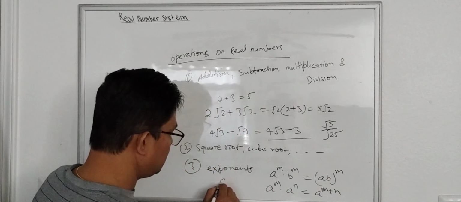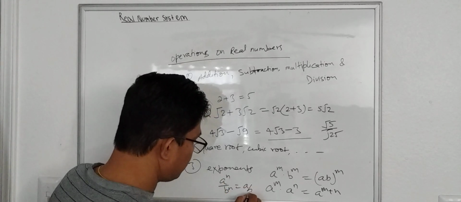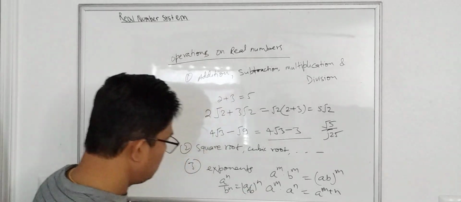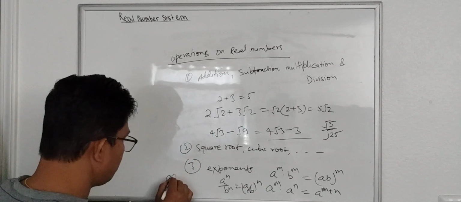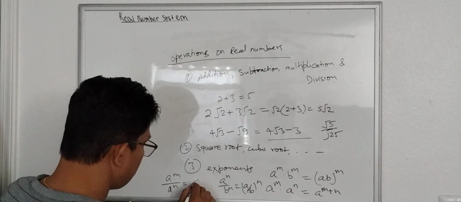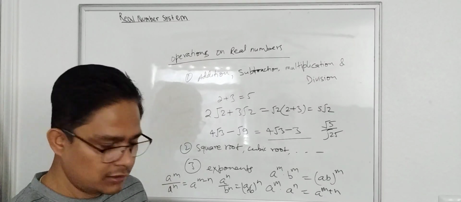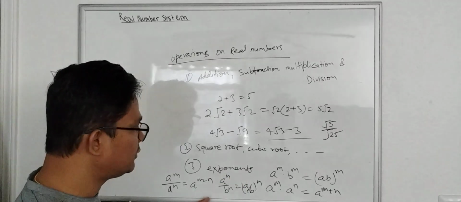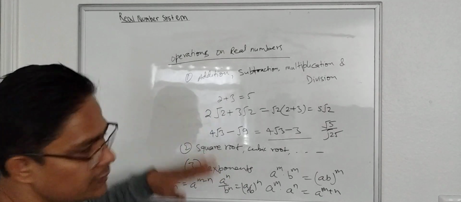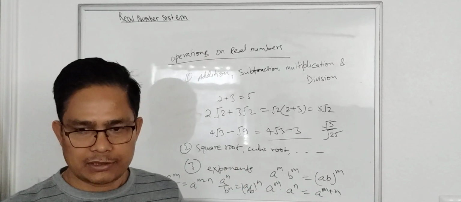If you have division here, a power n, b power n, you can say it's a divided by b power n. And if you have a power m divided by a power n, then you can say it's a power m minus n. We already talked about exponent in one of the lectures, so I'm not going into the details. You can watch that video again. So all these operations that you have learned so far can be applied to the real number.